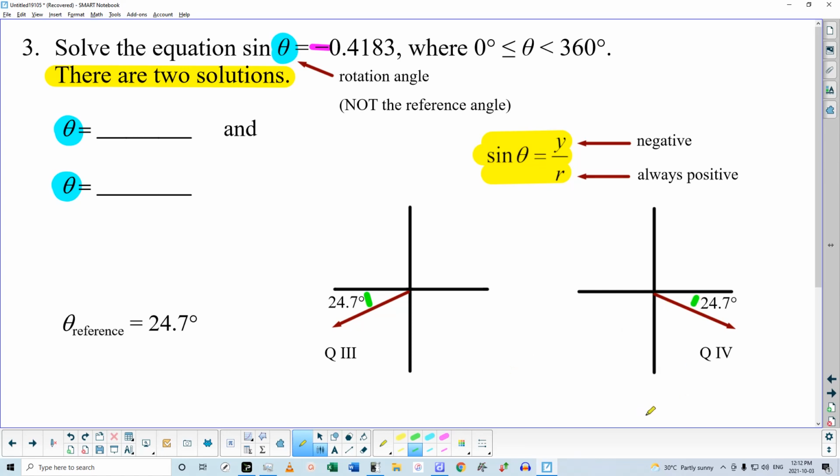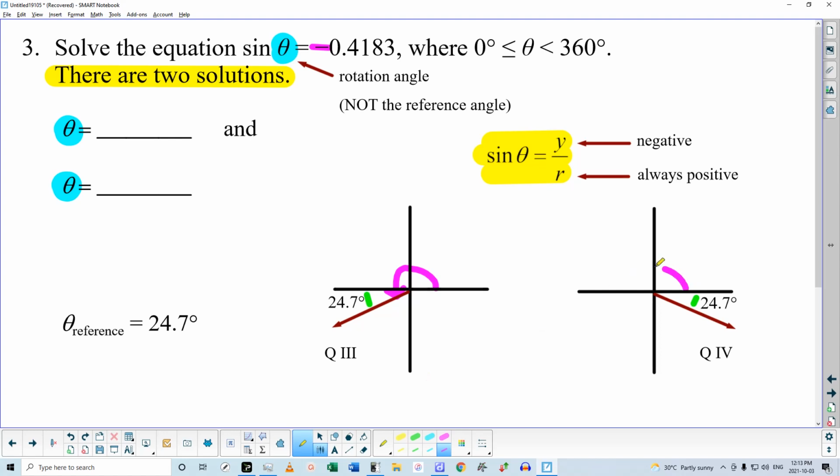So in order for us to determine the rotation angle, which is what we are asked to find, you have to determine the angle from 0 degrees counterclockwise to that terminal arm. So I'm going to do my best to sketch this. I'm using a mouse. I'm not at a smartboard. But we need to determine this angle.